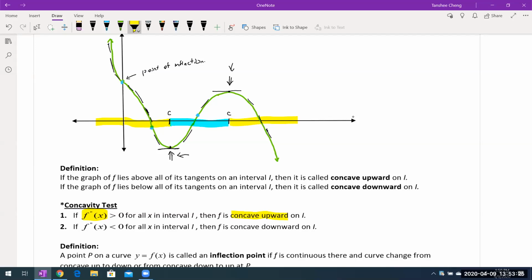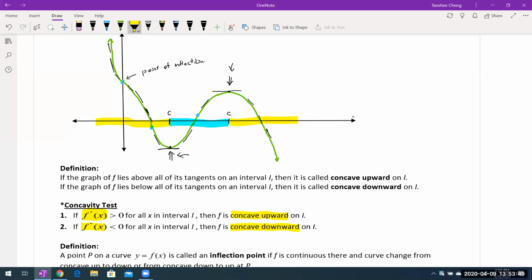And if the second derivative function value is less than 0, meaning it's negative, on a certain interval, then we call that concave downward. With this inequality, we will be able to find out where my concavity is going to be.